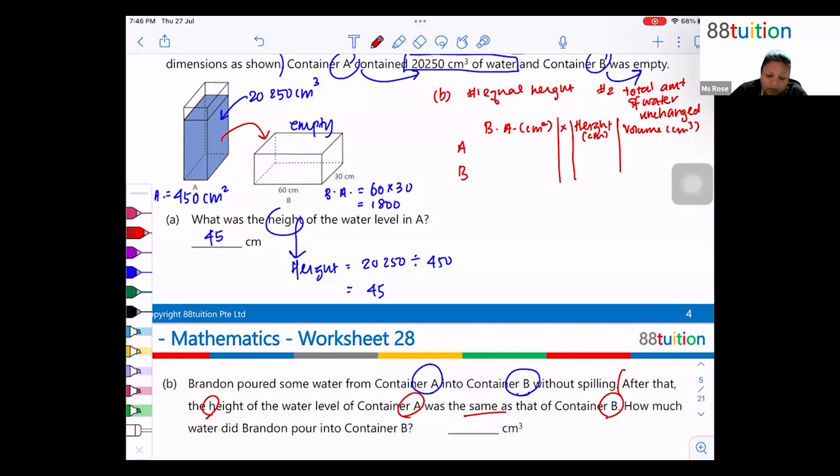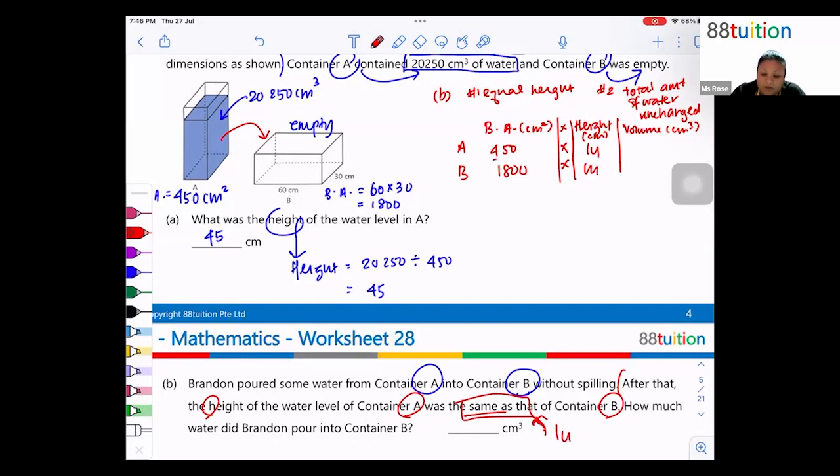So we know that the base area of A is 450 and B is 1800, times the final height of water in each of the containers, which is 1 unit. Because I do not know how much it is, but I know that the height became the same. So I'm going to put this height as 1 unit.